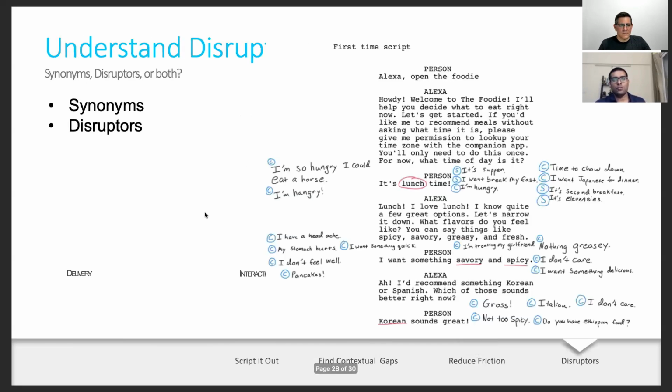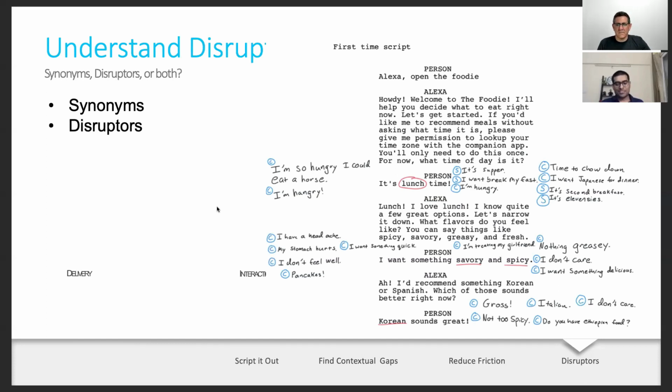And what we do is get all these synonyms and disruptors together and make sure that, hey, I think this is a synonym and this is how I want to handle it. And this is a disruptor, and for this disruptor, maybe I'll have a different path. Once you have all of these things, we ask people to write it out on paper and we highlight them.